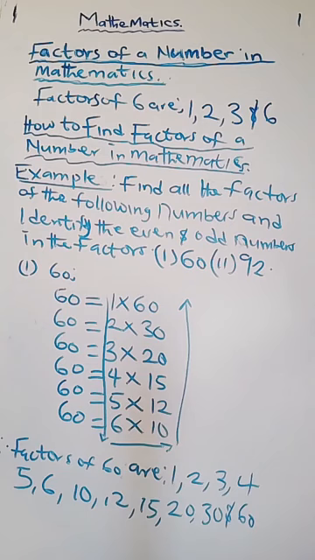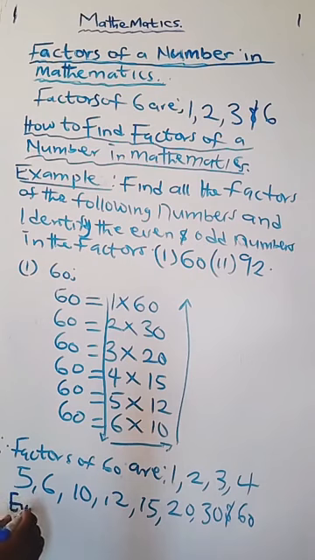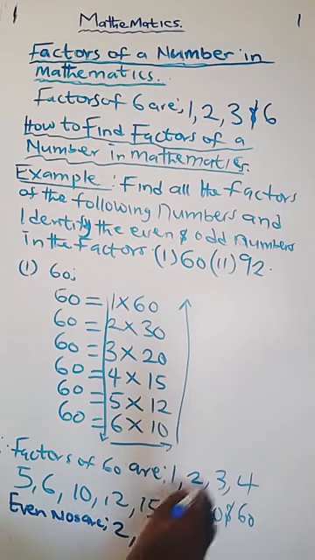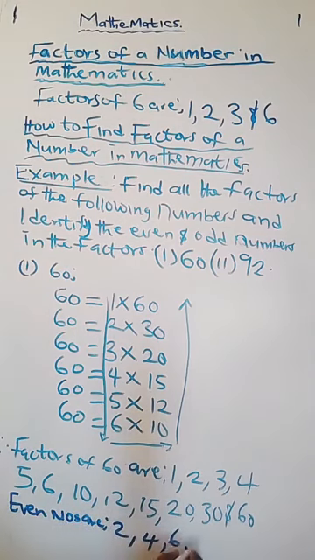So now, the question says we should identify the even numbers in these factors. In our first video, when we discussed basic numbers in mathematics, we discussed the meaning of even numbers and odd numbers. For more information, you can go and watch the video again. But basically, even numbers are numbers that can be divided by 2. So even numbers are 2, 4, 6, 10, 12, 20, 30, and 60.